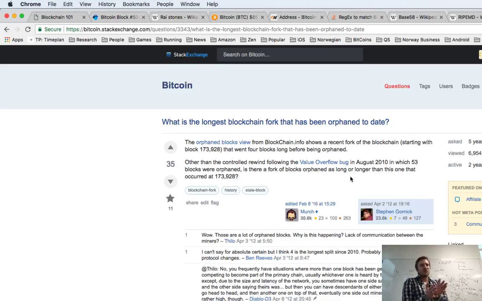And then there was a fork which went for 53 blocks sideways, and then most of the community were using the proper wallet, and they slowly took over, because no one wanted to mine on the broken fork. So even though that one was way longer, the updated wallet software was not using the blocks from the fork.